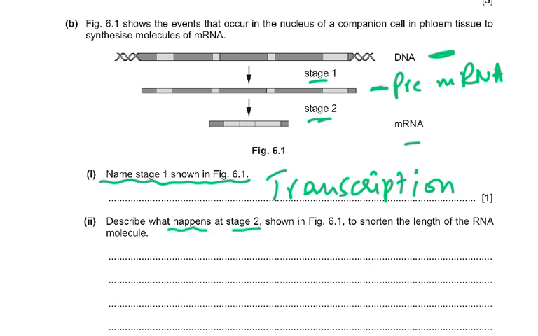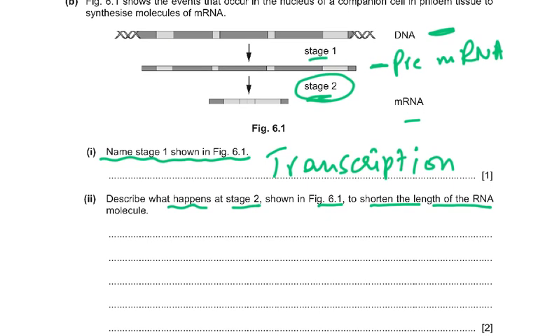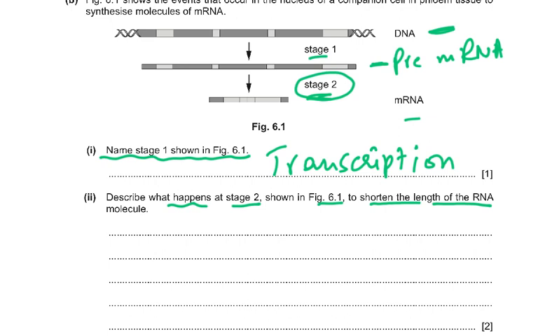Describe what happens at stage 2 shown in figure 6.1 to shorten the length of the RNA. What has happened? The introns have been removed from the primary transcript, and then the exons have been joined together. Or you could have said splicing of the primary transcript. I was just checking a test which I had given this question, and I had some weird answers from a large number of students who I think didn't really know what they were talking about.